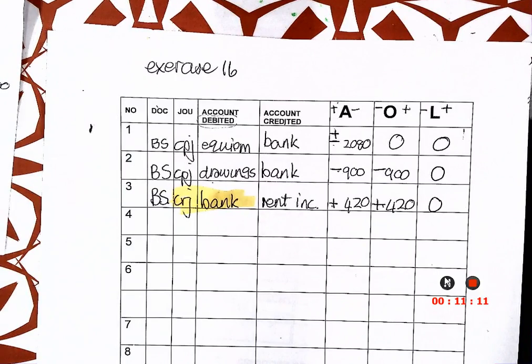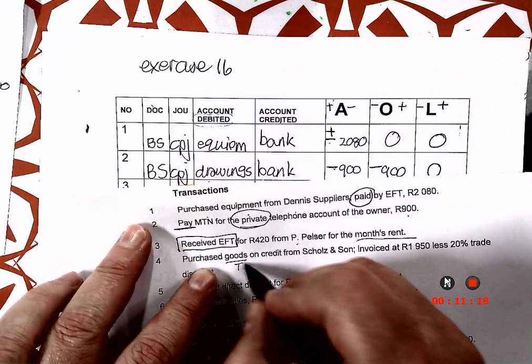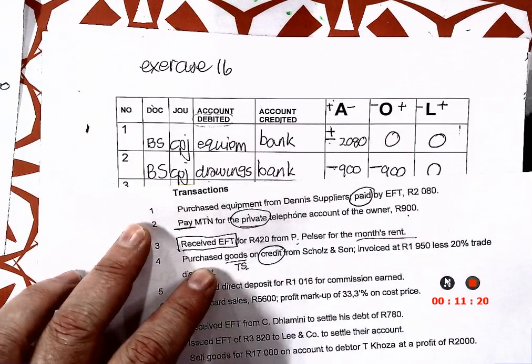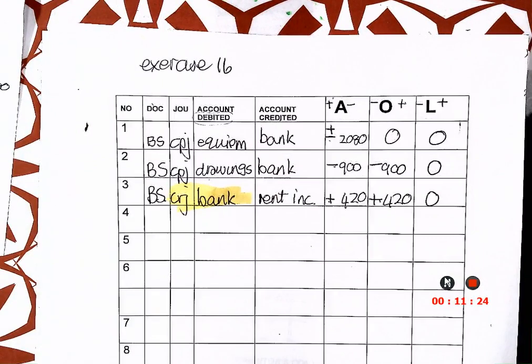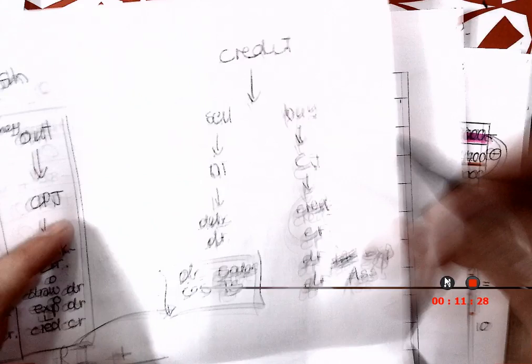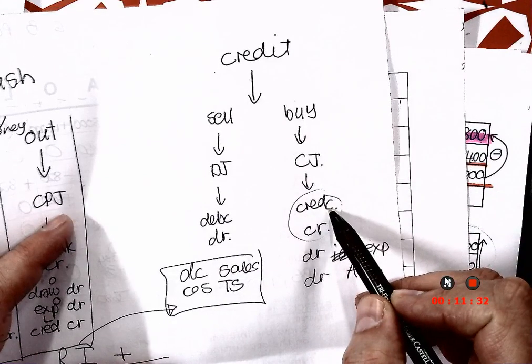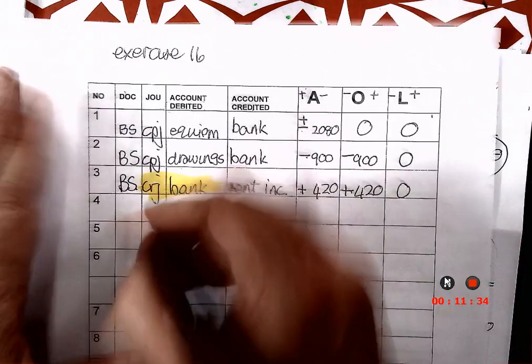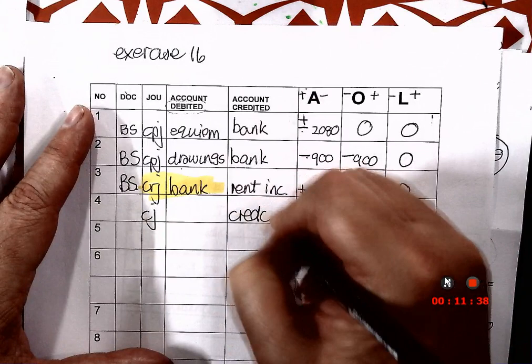Number 4, we purchase goods, which is trading stock, on credit. If I buy on credit, it's a CJ. Creditors is credited.